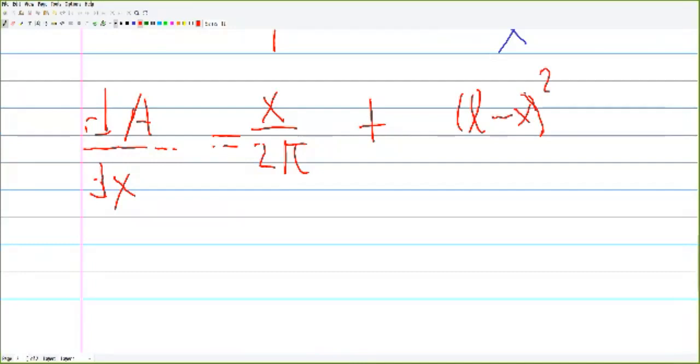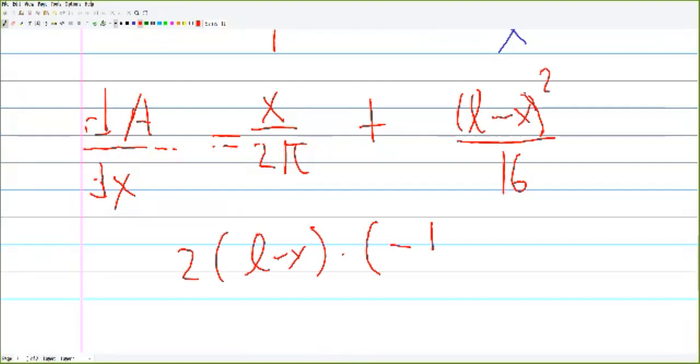So I'm going to take the derivative of this, which is 2 times L minus x, okay, times the derivative of here, which is negative 1. So that's everything divided by 16.